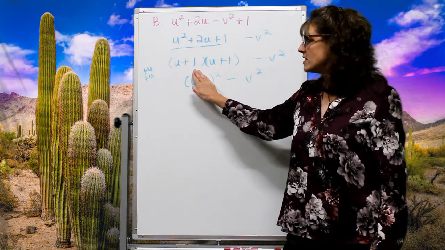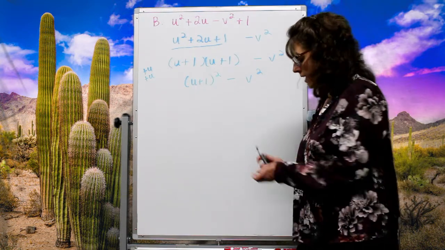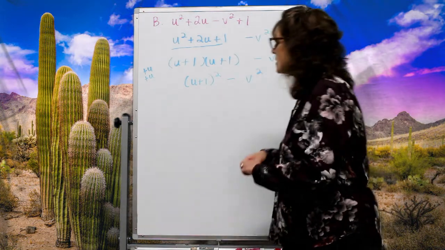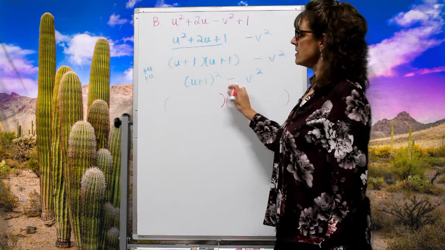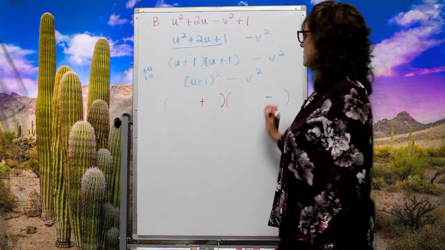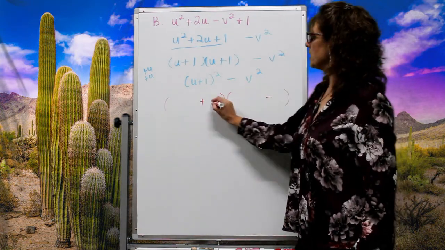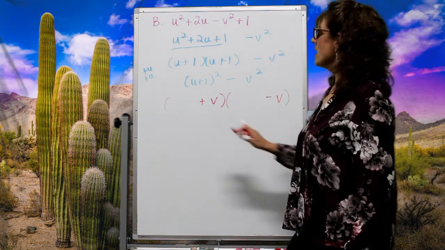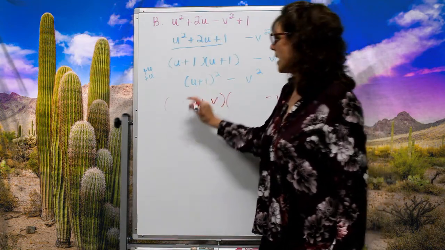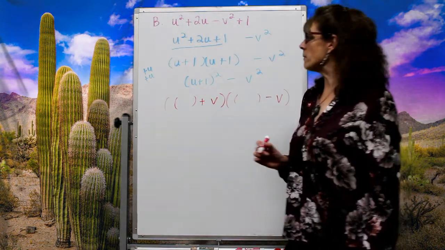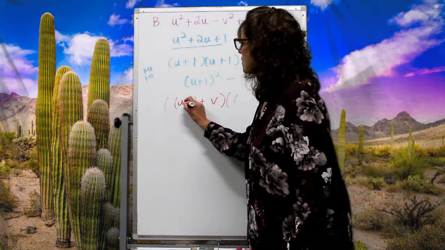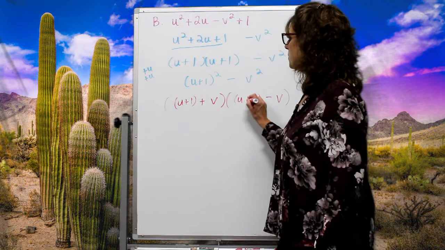And so when I have that difference of squares, the way I'm going to break it up is let's split it up as parentheses and parentheses, with the back sign telling me I want opposite signs. This one's easy to split up as a v and a v. Just remembering that what's inside that parentheses is a u plus 1 and a u plus 1.